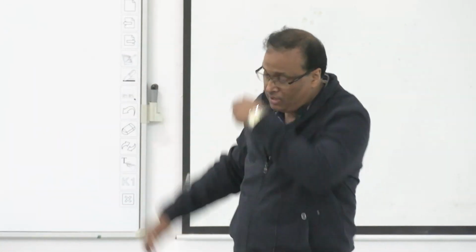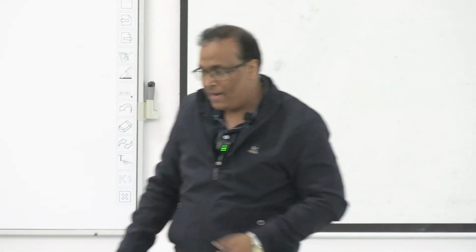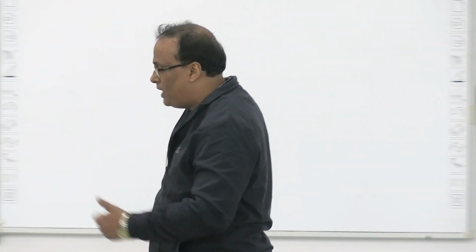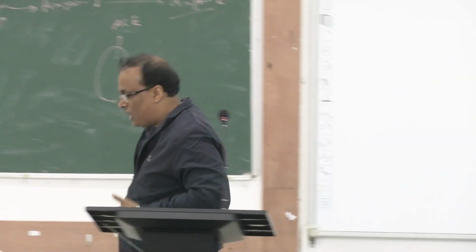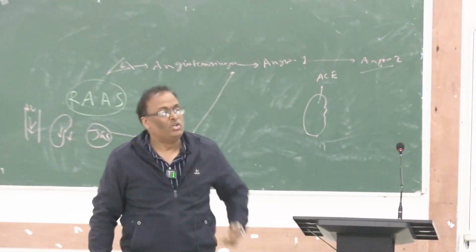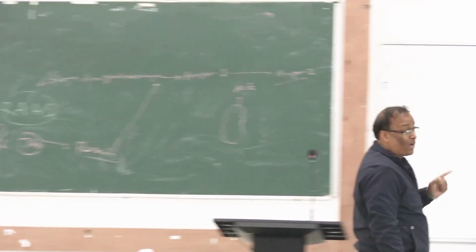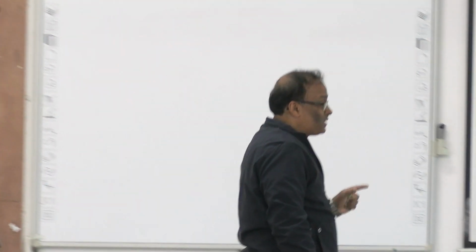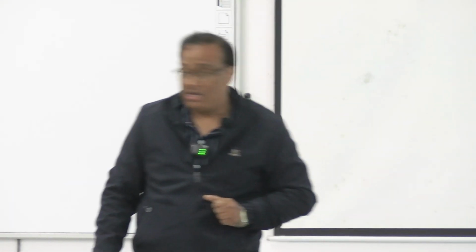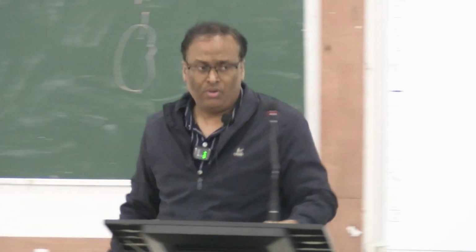This is asked very often in the viva, this part. And then it comes to angiotensin 2. Angiotensin's main functions: it acts on the myocardium to increase the force of contraction and cardiac output, right? Number 2, vasoconstriction. Number 3 is your what?